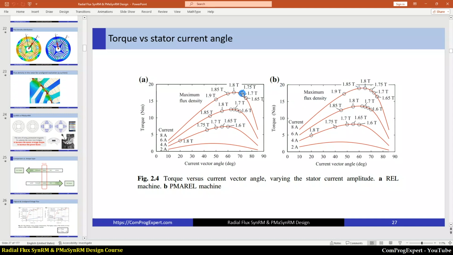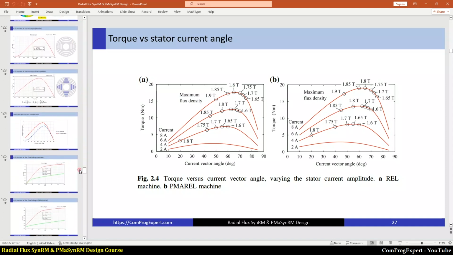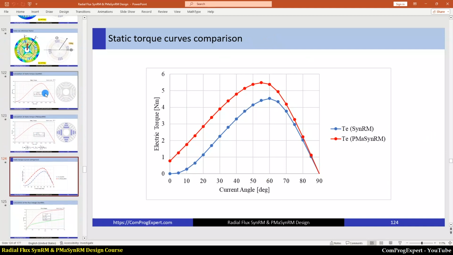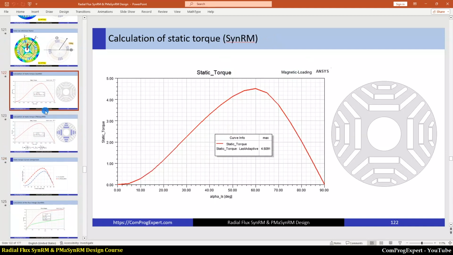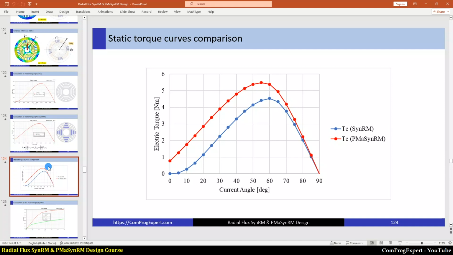If you compare this graph and this graph, you can see the effect of the magnets in the static torque graph. Later, we will also calculate the static torque graph for the synchronous reluctance motor and for the PM assisted, and we will compare.